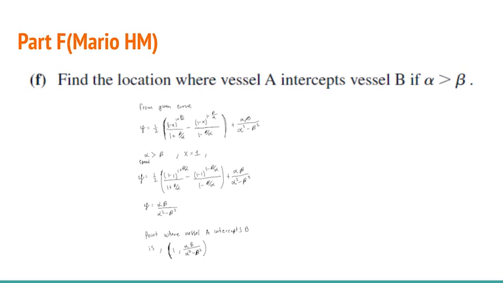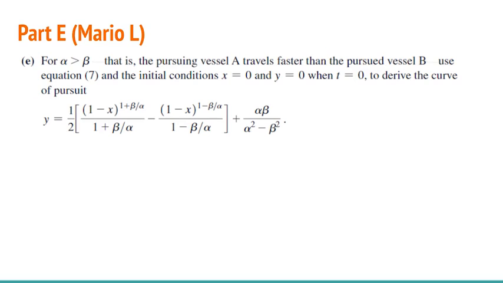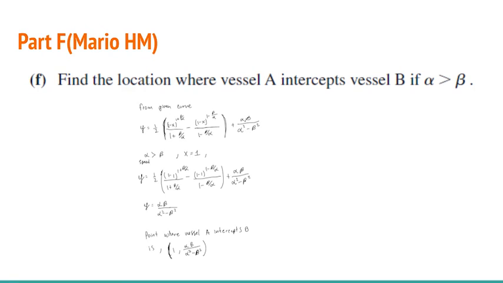So in order for vessel A to intercept B, as shown here, alpha has to be greater than beta, or else A will never reach B. So from the previous part, using this equation, which is the curve of pursuit, I am giving the initial value here, x equal to 1, and plugging x equal to 1 into the curve of pursuit equation, I get the value y equals this value here.